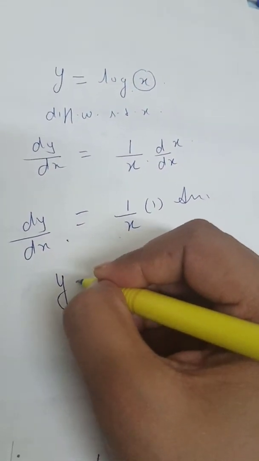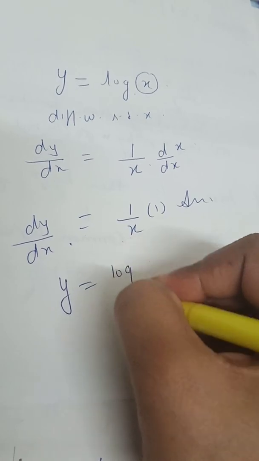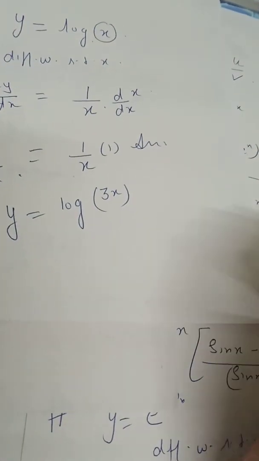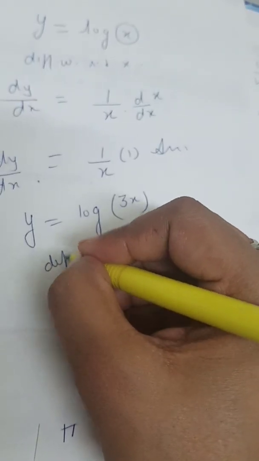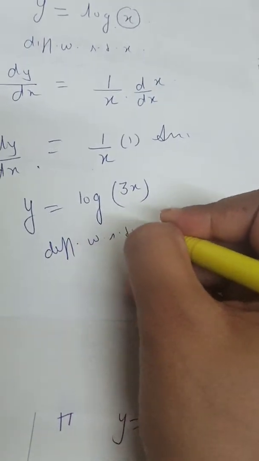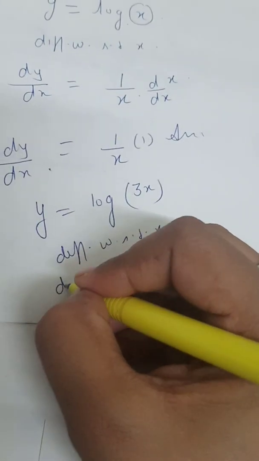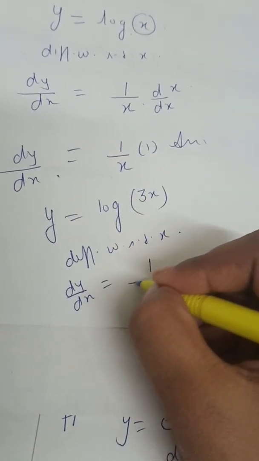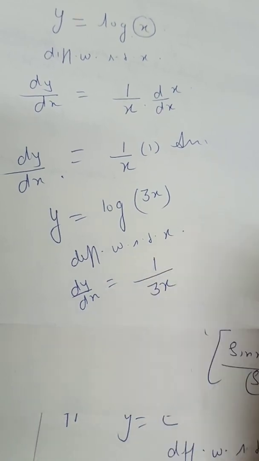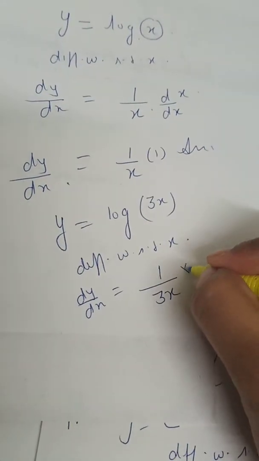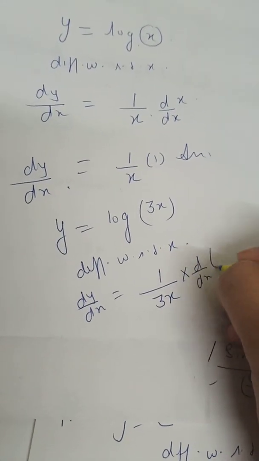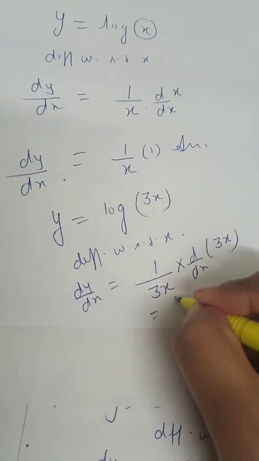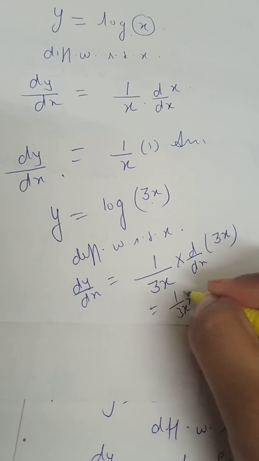If we want to take the derivative of y equal to log 3x, now differentiate with respect to x. dy upon dx of log 3x, firstly 1 upon 3x. Now take the derivative of 3x. 1 by 3x as it is.